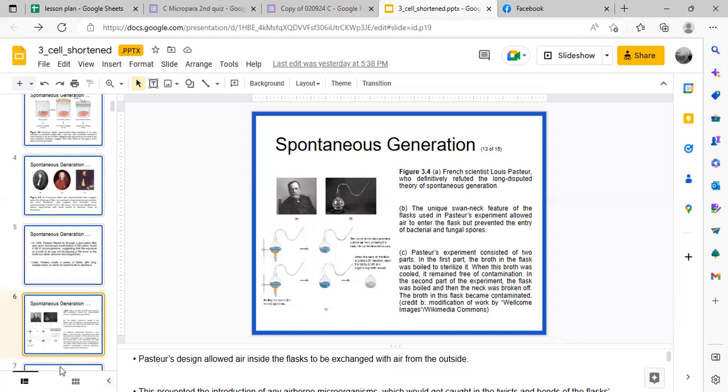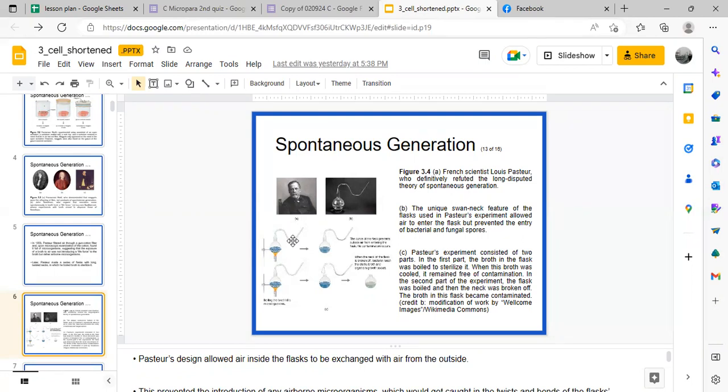Actually, in-explain ko na to nung first meeting natin, no? Gumawa siya ng special type of flask para pwede dumaan yung air, pero yung mga dust particles na pwedeng mag-carry ng microorganisms, magsisettle dito sa section na to. Okay? So he heated the chicken broth, and then pagkatapos na heat, no, he left it for several days.